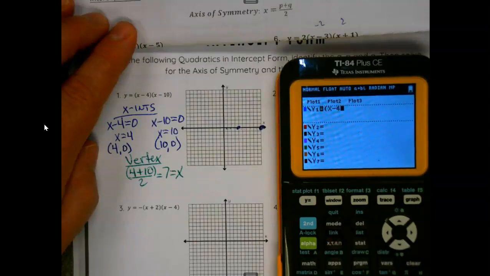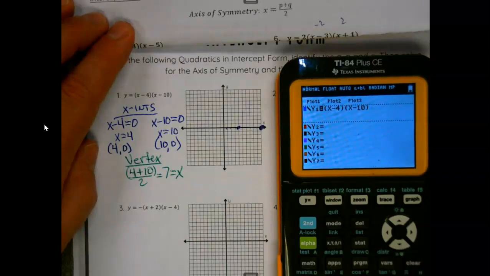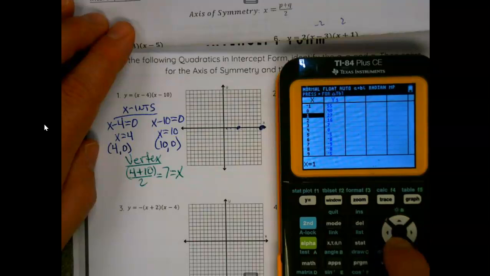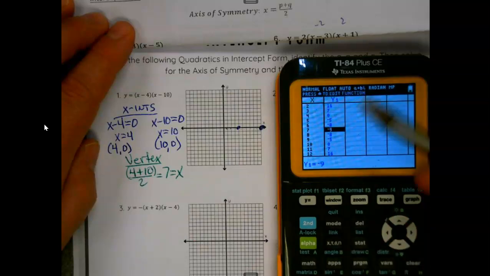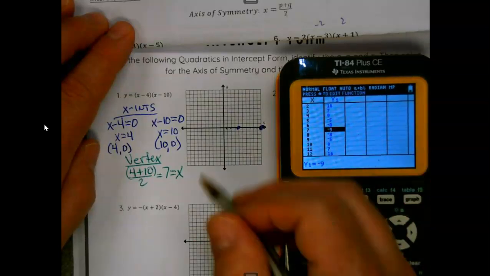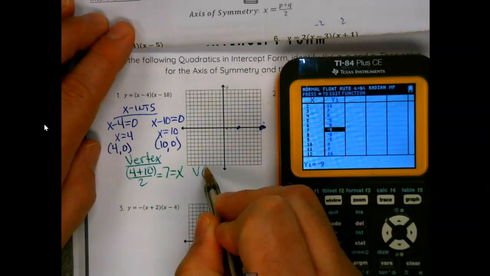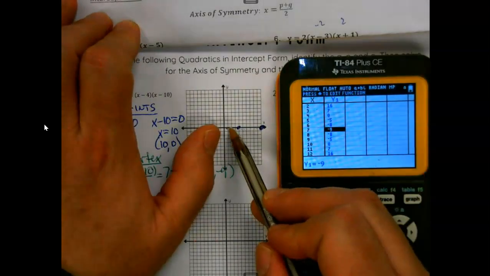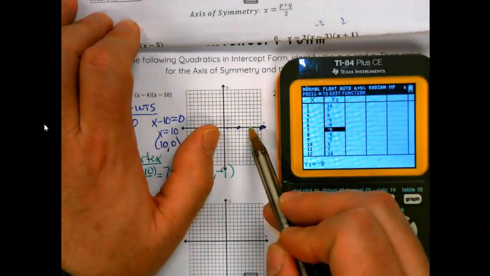If we type it in here, even though I could do this mathematically as well, I can do second graph, and I should, if I get to x equals 7, see my y value and see symmetry. So 1, 2, 3, 4, 5, 6, 7.